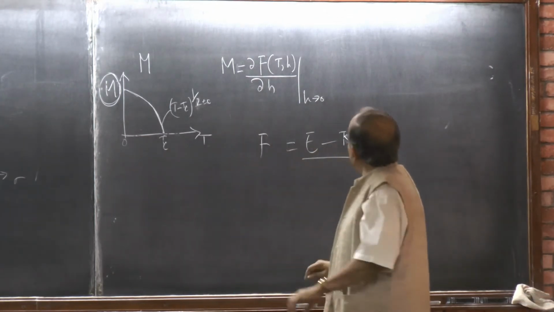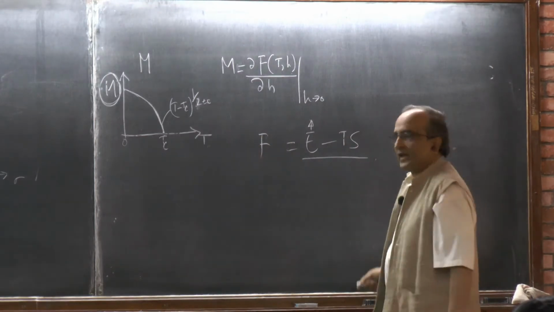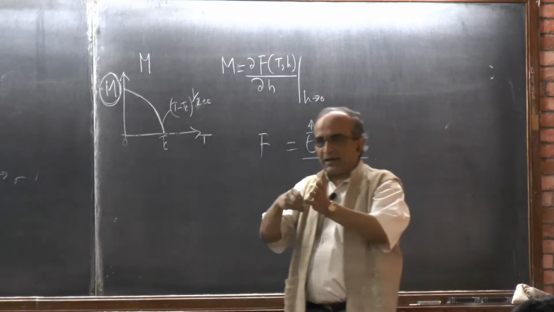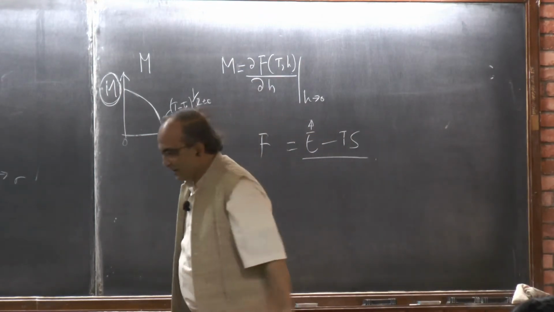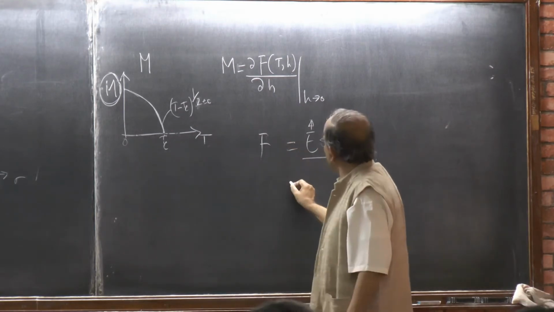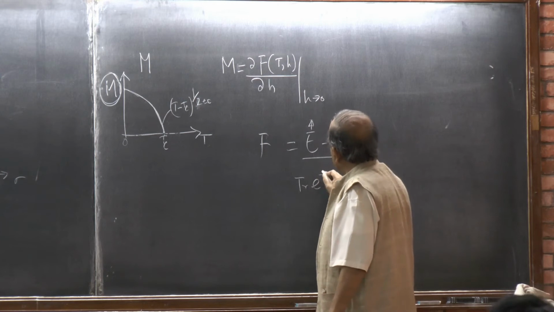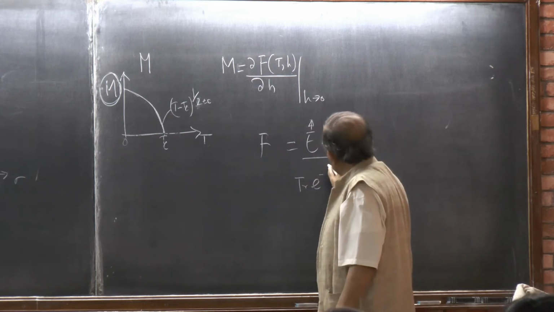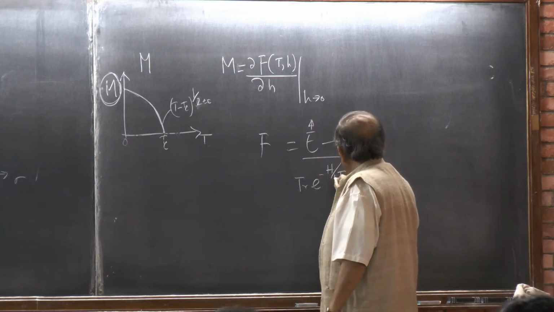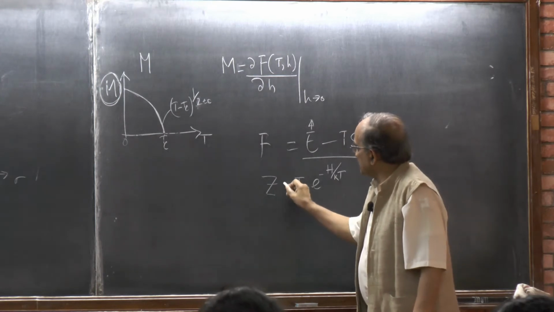Now you calculate this energy, and entropy you have to calculate by the number of such states. Formally, this is some kind of sum over exponentials of the Hamiltonian, and this is called the partition function.